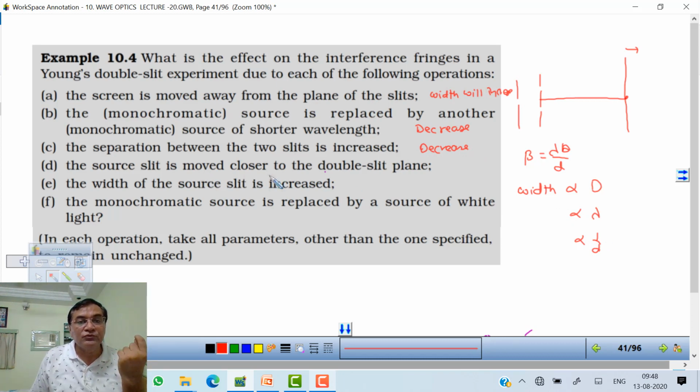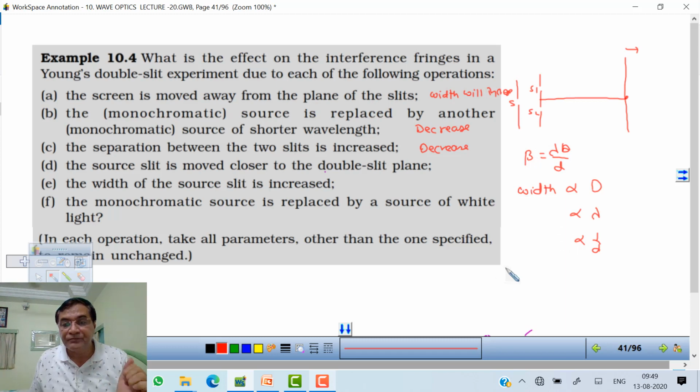The source slit is moved closer to the double slit. This is the source slit, this is S1 and this is S2. Whatever fringes we get, this is not discussed in the text, so be careful.